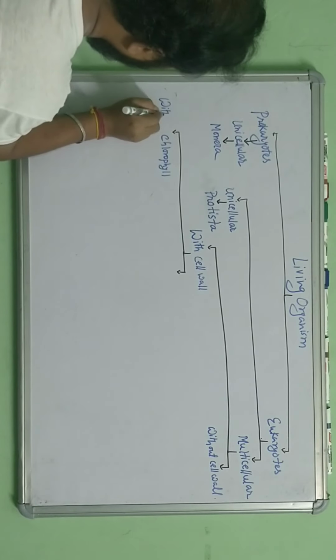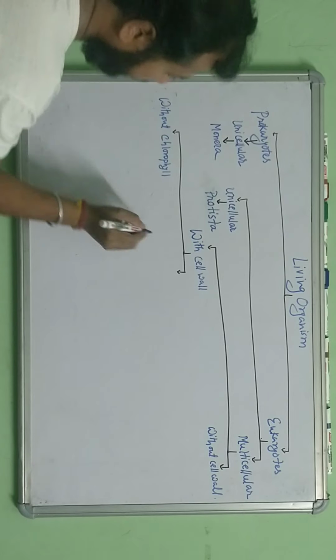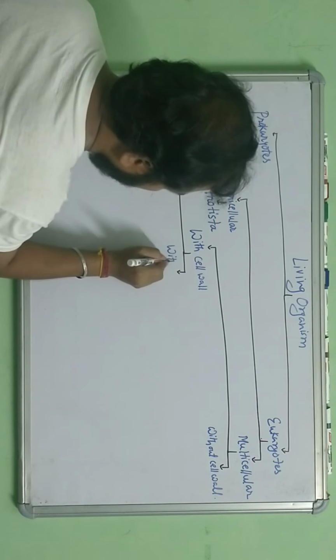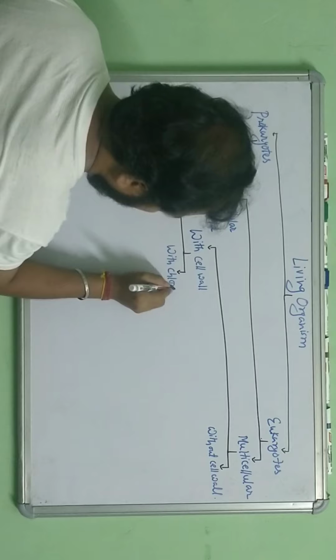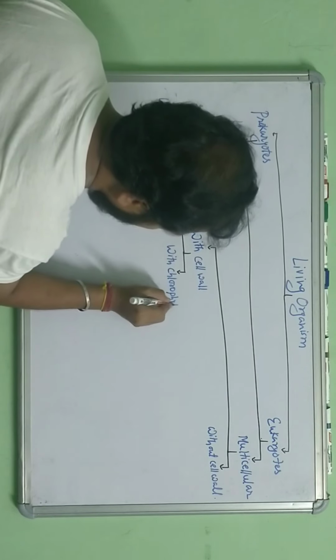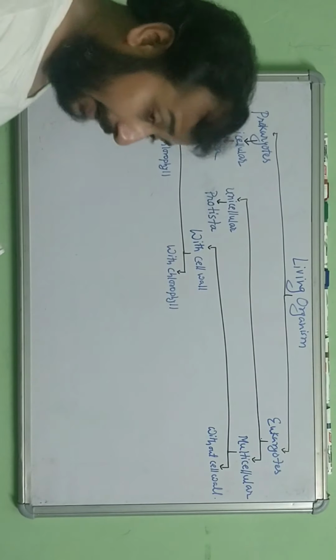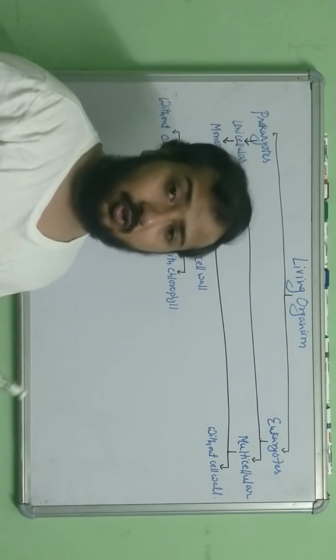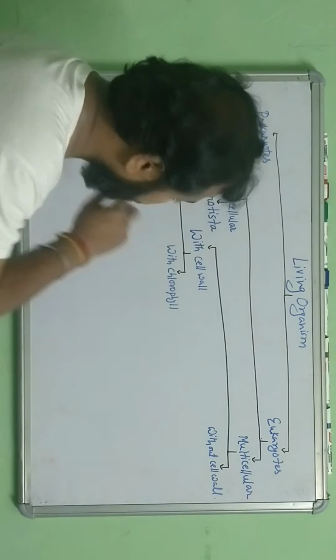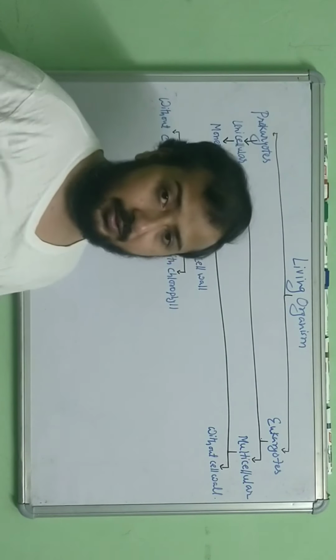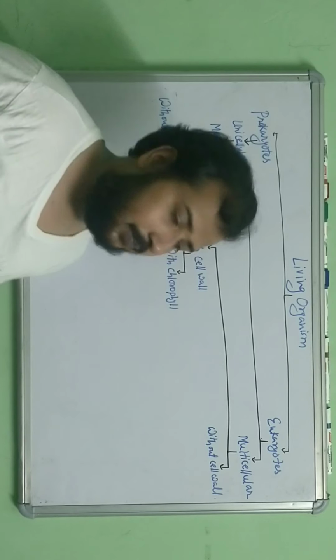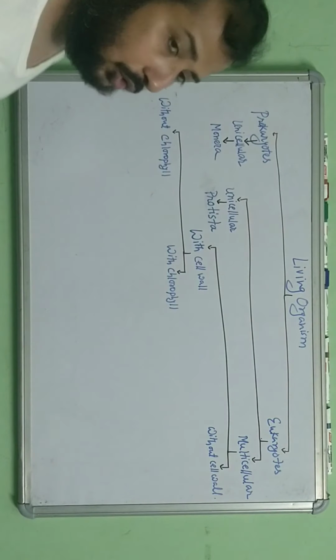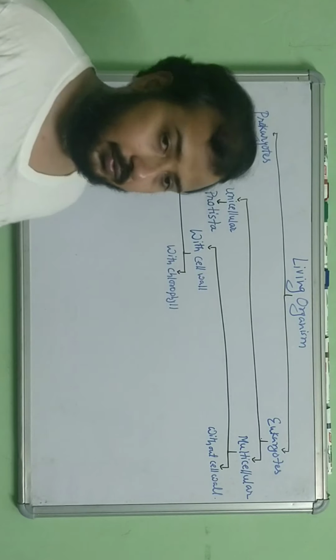So without chlorophyll and with chlorophyll. The difference we know, right? Without chlorophyll means they cannot make their own food, so they are not autotrophs, they are heterotrophs. And with chlorophyll means they can do photosynthesis, they can make their own food, right? So without chlorophyll they are not making their own food.